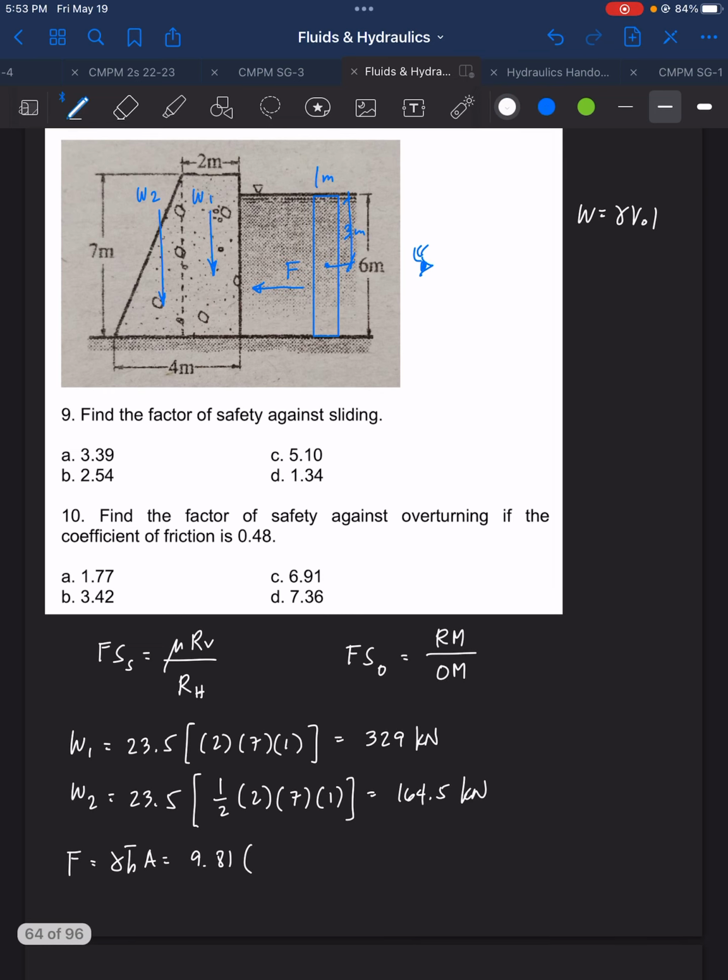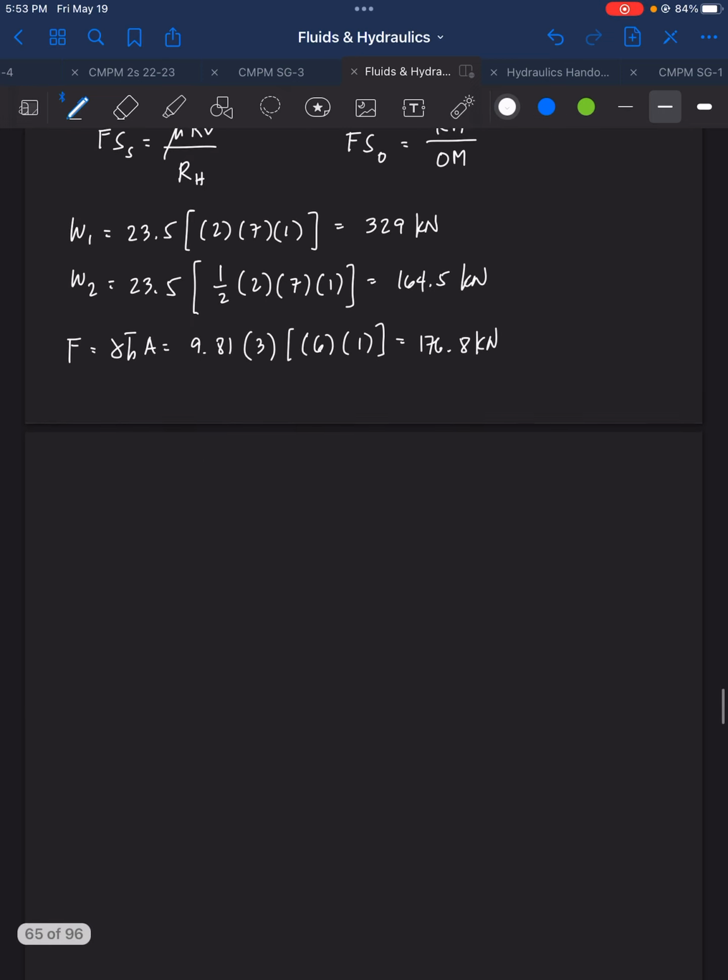So 9.81 times the bar h, which is 3 meters, and then we have the area. What is the area? That is 6 times 1. So the answer here is 176.8 kilonewton.